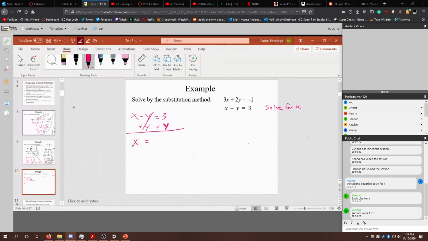So x equals y plus 3, or 3 plus y, whatever way you want to write it. Now I'm going to bring this equation down. And I'm going to substitute y plus 3 in place of x.